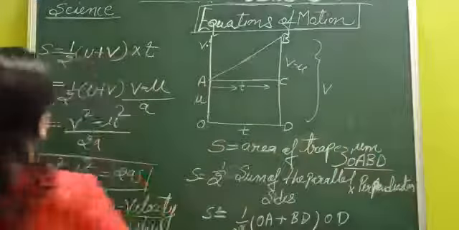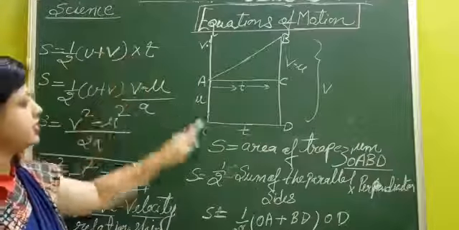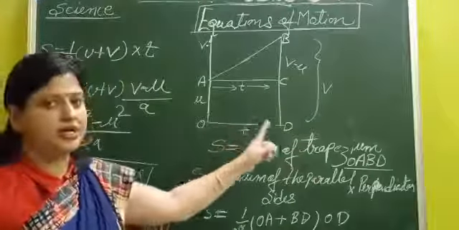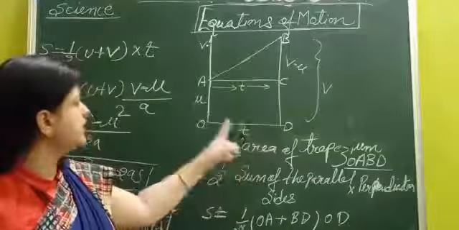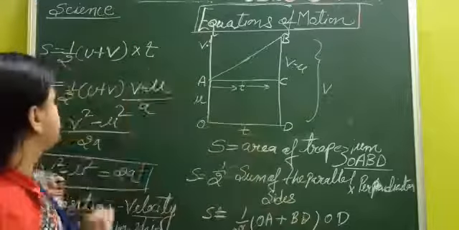So half (U plus V) multiply T. T is the value of the distance between the two parallel sides. So here is T, the value of OD is T, right?